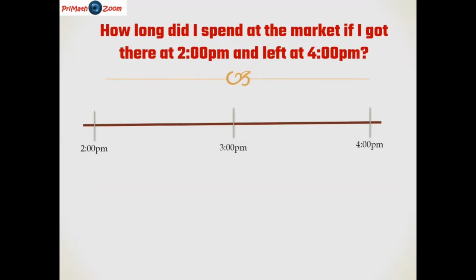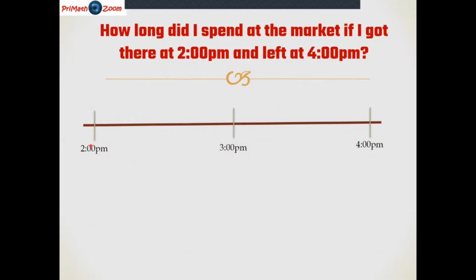So here is our number line. And you would notice that on our number line, we have beginning points and end points. So the beginning point would be the early time, which is 2 p.m. and the end time would be 4 p.m. Now, as you would have noticed, both times are on the hour.